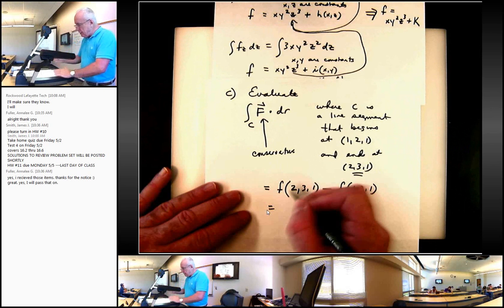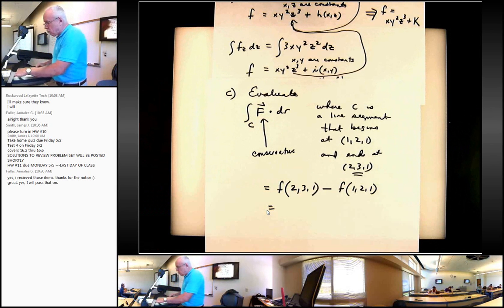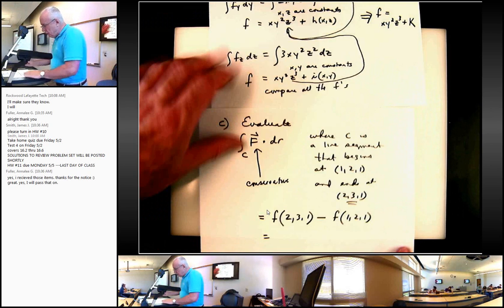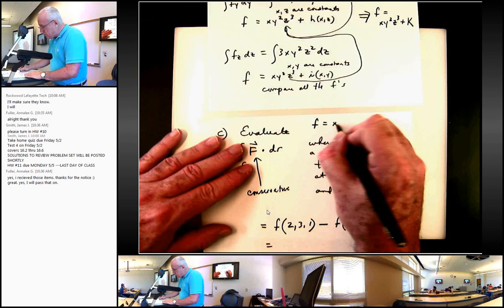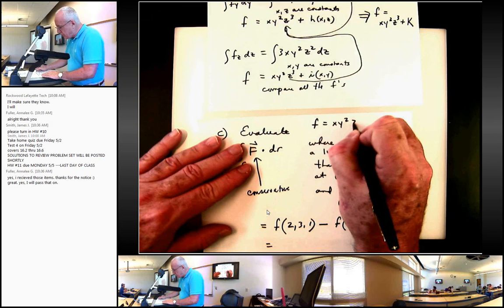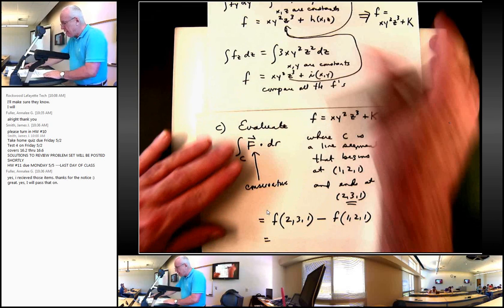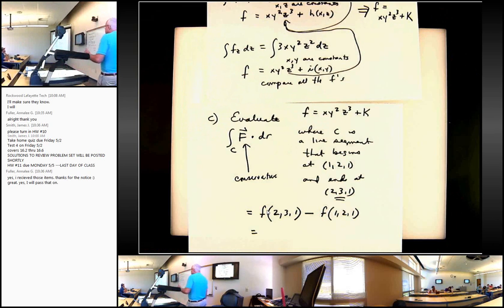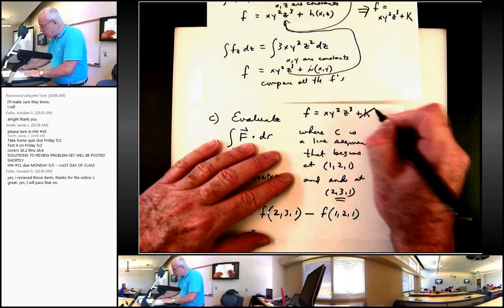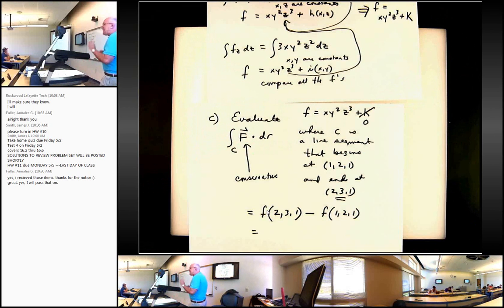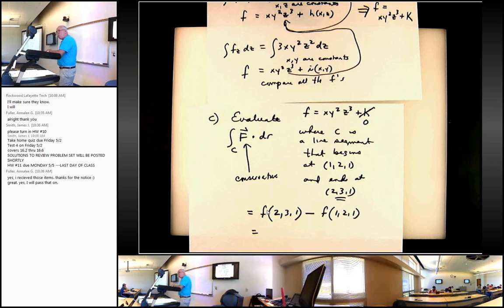So we plug in 2, 3, and 1 into our little f function, which was x y squared z to the third, plus k. For this purpose, let's just have k be 0, because it would cancel out anyway when we subtract.